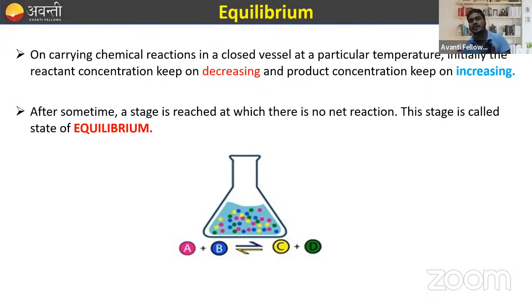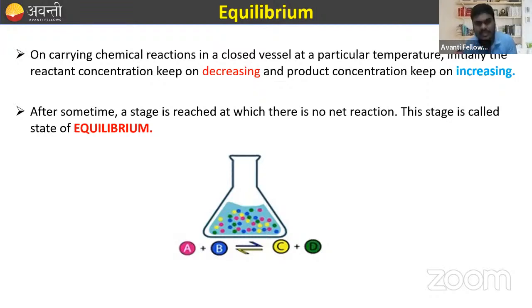This is the basis behind equilibrium. Now, after some time, a stage is reached at which there is no net reaction, and this stage is called the state of equilibrium.